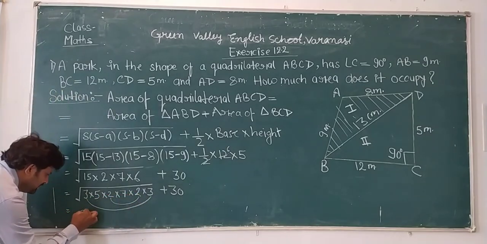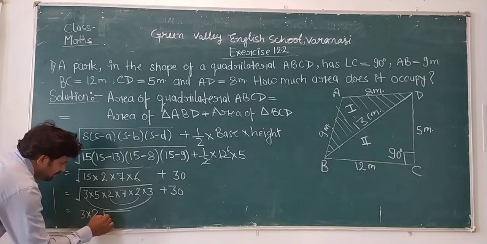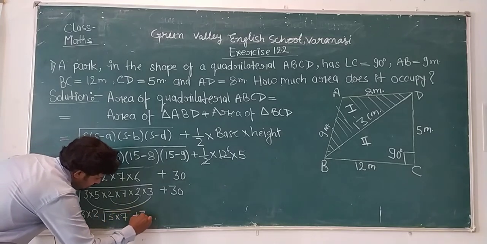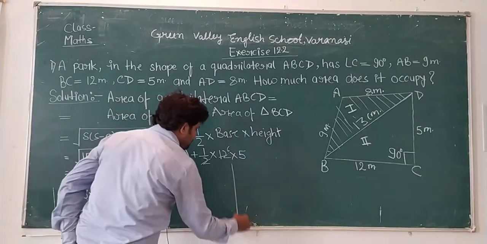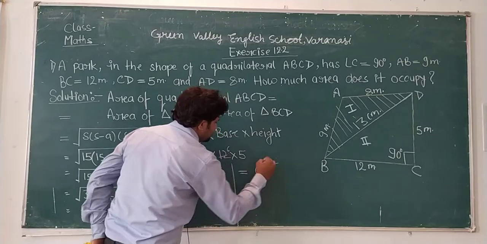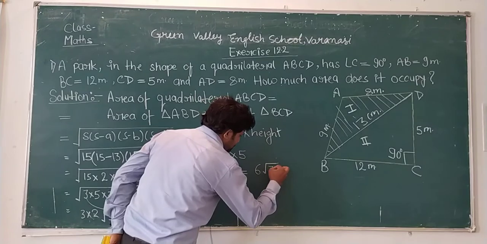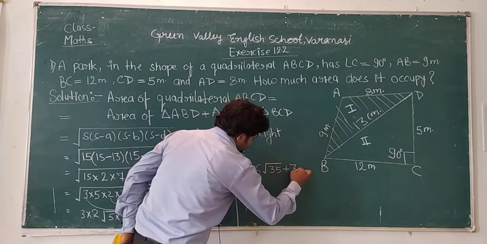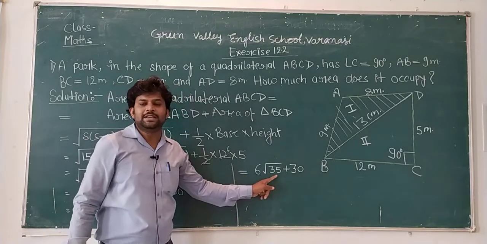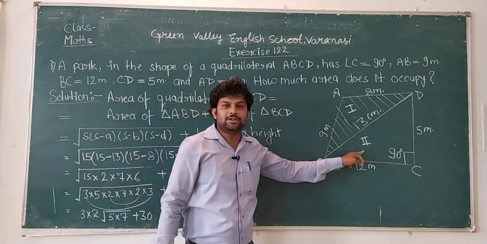Then we write 3 multiplied by 2 under root, 5 into 7, the non-pairing numbers, plus 30. Therefore 6 root over 5 into 7, 35, plus 30.